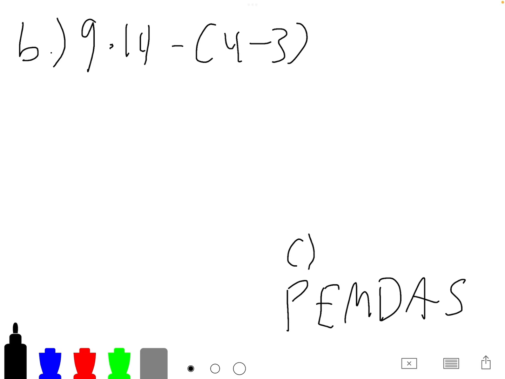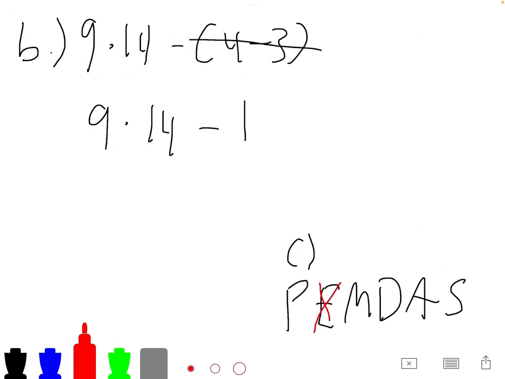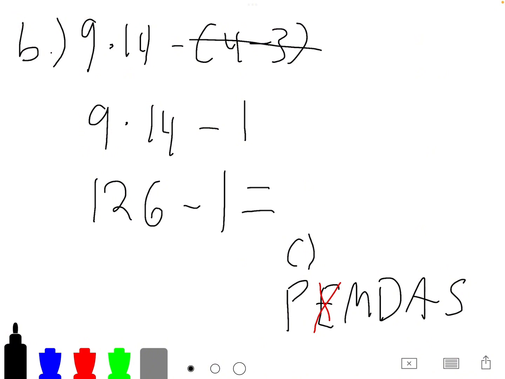So we're done with the parentheses. And now we're left with 9 times 14 minus 1. There are no exponents. Okay, so now it's on to multiplication. 9 times 14 is 126. And this is what we're left with. So you just do 126 minus 1. That is 125. And there is your answer.